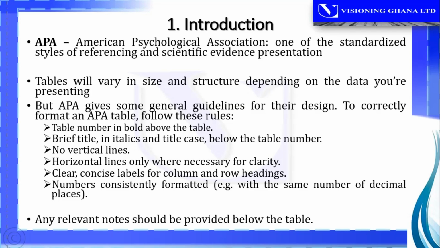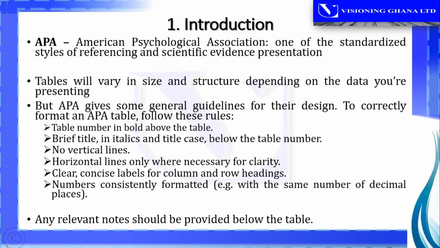And then we also have to note that in the APA tables, there should be no vertical lines. All the lines must be horizontal, and then it is stationed at specific places. When we start developing the tables, you see how it is done. And then also you have to make sure that there are clear, concise labels for columns and row headings.